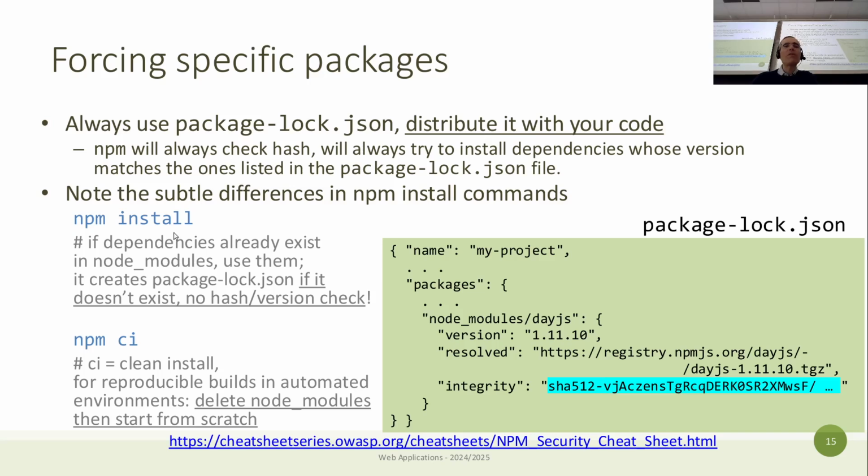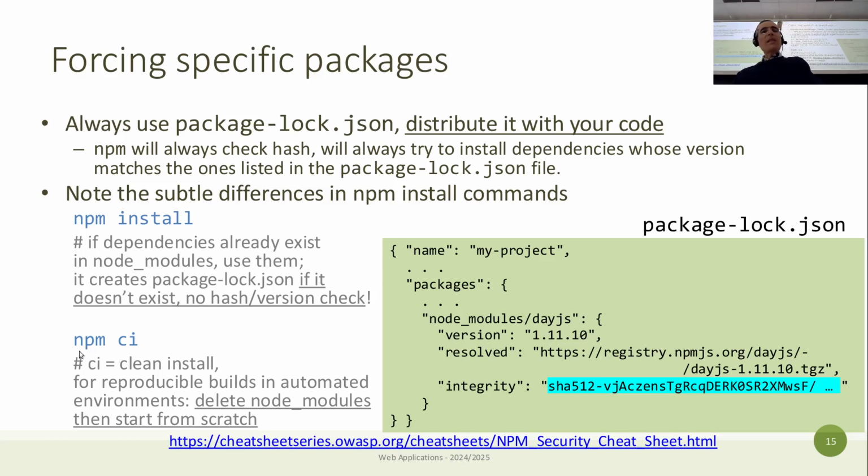So you saw that before we used this npm install command to install the missing packages in the project. That's a possible way, but not a recommended way from the security point of view. Okay?